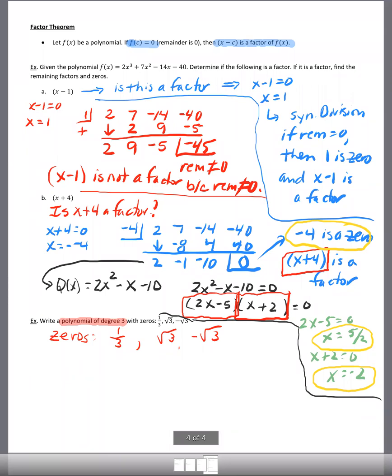And so if we take a look at where does 1/3 come from? 1/3 must have come from the statement x is equal to 1/3. The square root of 3 must have come from the statement x equals square root of 3. And negative square root of 3 must have come from this third statement.